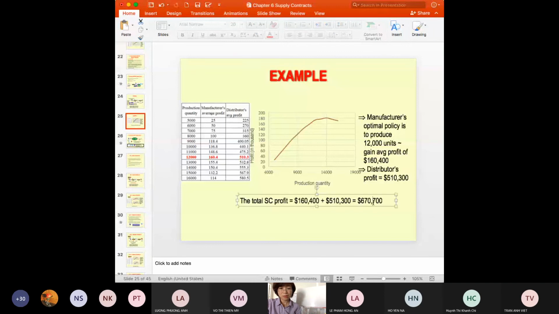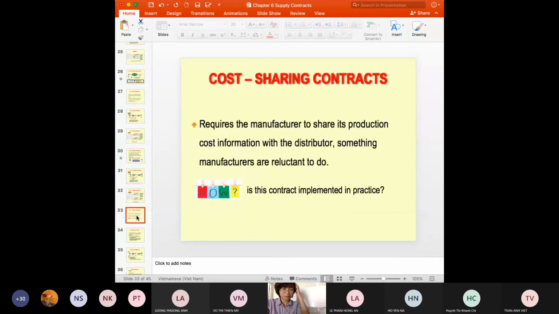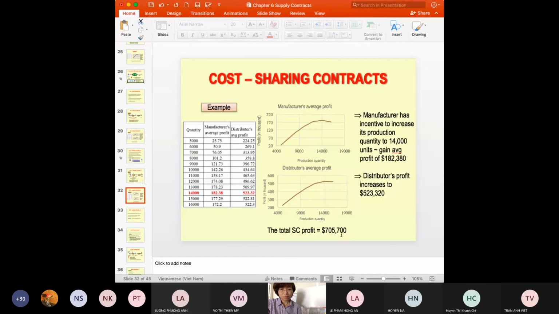See, that is just 617,000. Compare with that. Here it is greater than 6,000. With the sharing contract, we can increase the production quantities, so the total profits increase.